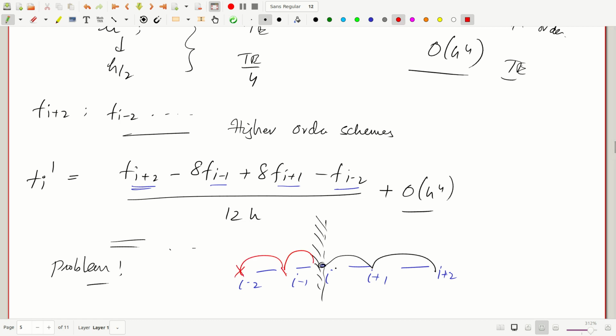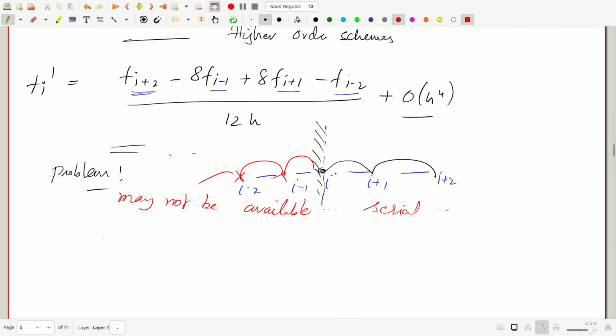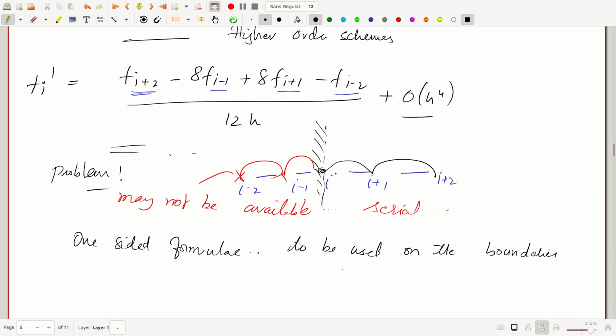Now this data may not be available, even for serial, we have not started talking about parallel at all. So as a result, you may have to come up with the one-sided formulae that we have discussed before, to be used on the boundaries or near the boundaries, right?